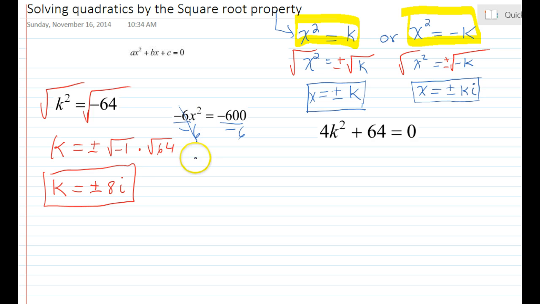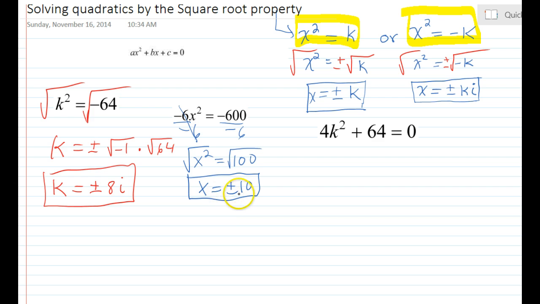This cancels, bring down x squared, negative by negative positive, 600 by 6 is 100. Take square root from both sides, right, plus or minus, the square root of 100 is 10.